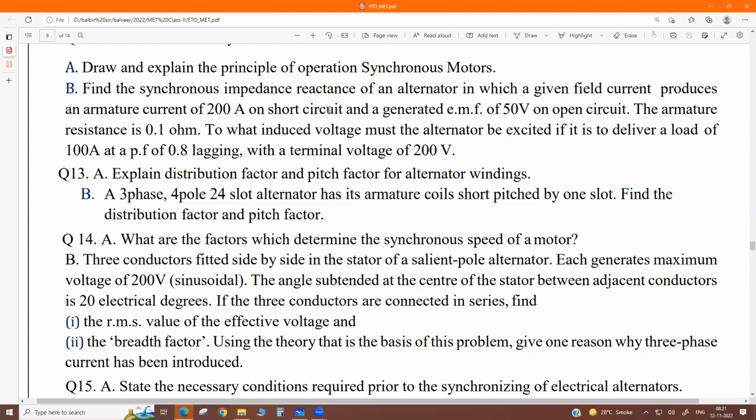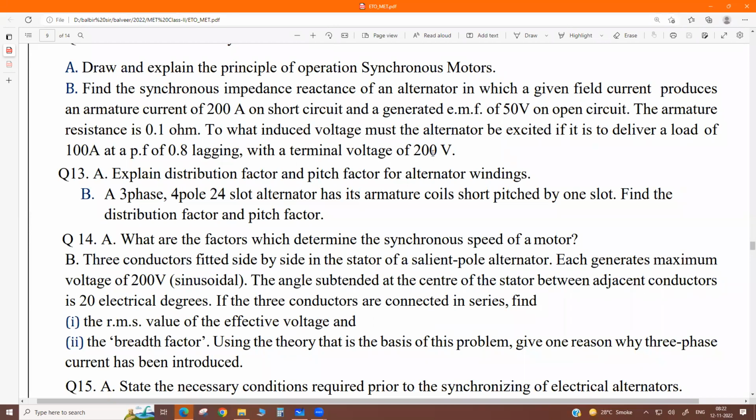Here the armature short circuit current and the open circuit voltage are given, and the armature resistance is this. Then to what induced voltage must the alternator be excited to deliver a load of 100 ampere, the rated load current, at 0.8 power factor?